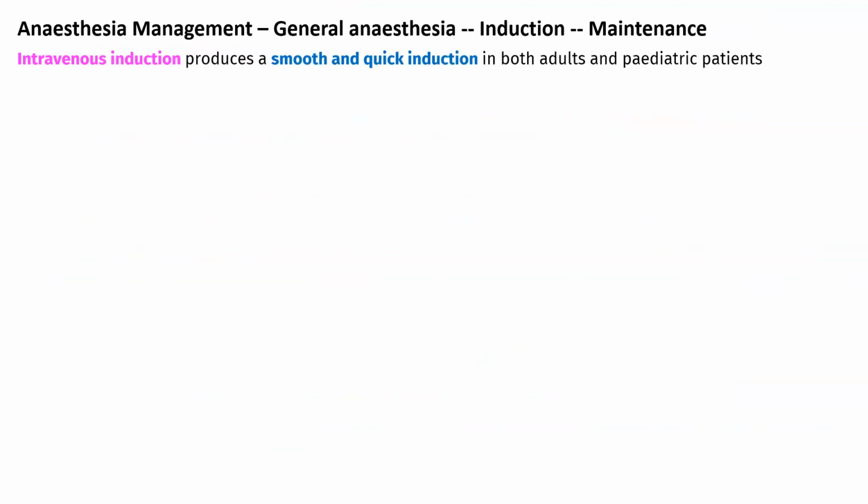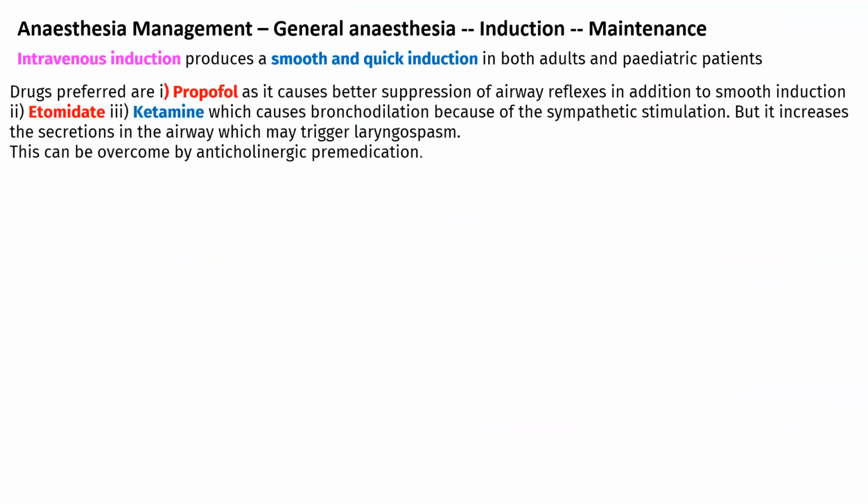in pediatric cases, sometimes small babies less than 3 years, we prefer to go for inhalation induction. So the drugs which are preferred for intravenous induction are propofol, as it will give a better suppression of reflexes and also a much smoother induction.